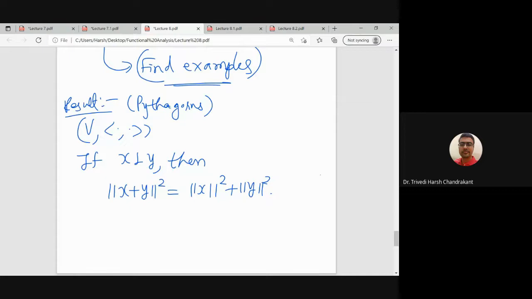So this is the main property. If the norm is coming from an inner product, it must satisfy this result. So this is one of the tests to verify whether a normed linear space is actually an inner product space or not.